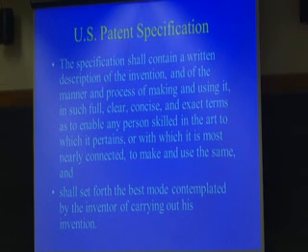The specification shall contain a written description of the invention and of the manner and process of making and using it in such full, clear, concise, and exact terms as to enable any person skilled in the art to which it pertains or with which it is most nearly connected to make and use the same.